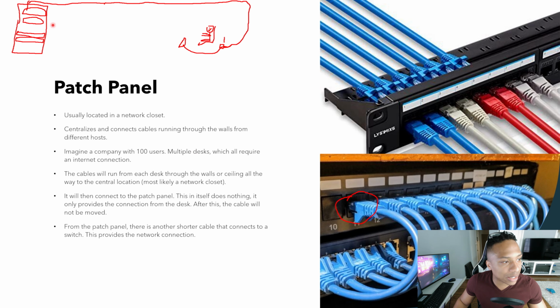So we'll go to the closet that we see is connected to, and then we'll look at number 1 and we'll be like, okay, this is going to be this desk here where Frank is sitting. It's labeled. It's there for organization purposes. That's the whole point of a patch panel, guys. It's there for organizational purposes.